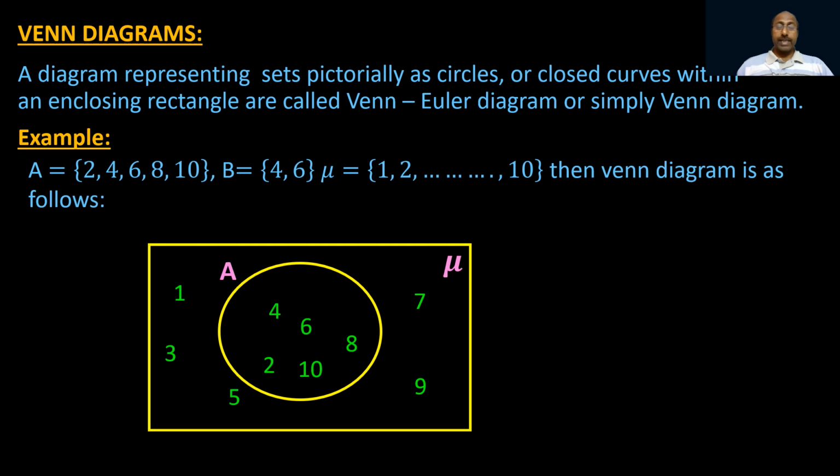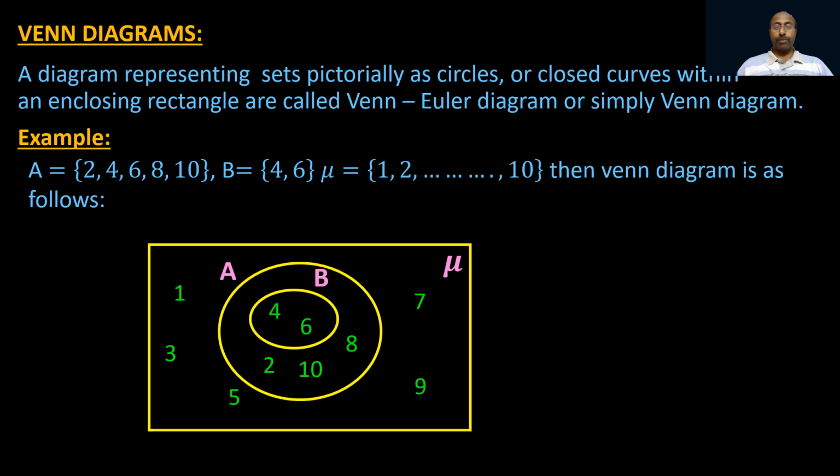And now there is another set we have to represent, set B. Like this, set B lies entirely in set A because B is a subset of A, and both A and B are subsets of the universal set. Every set is a subset of the universal set. We must remember that.